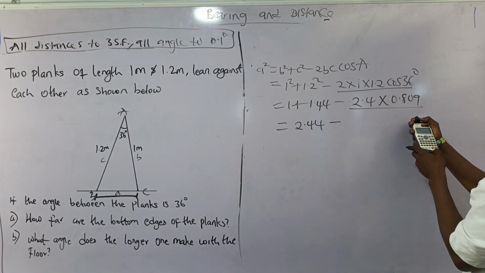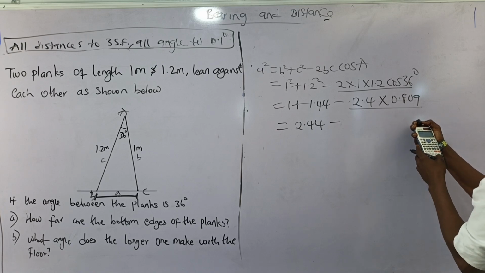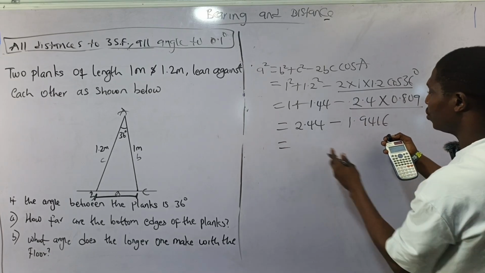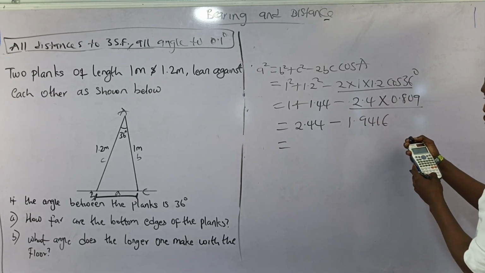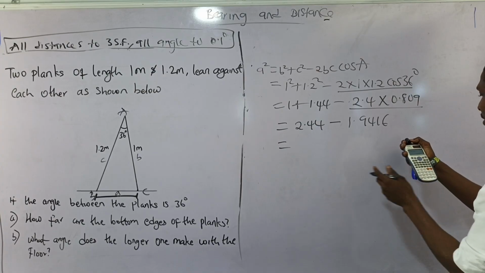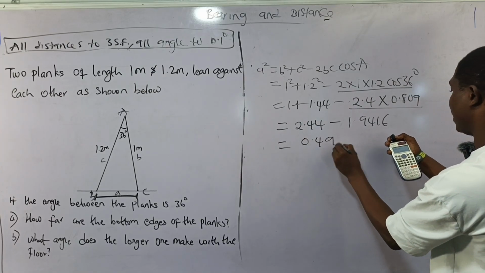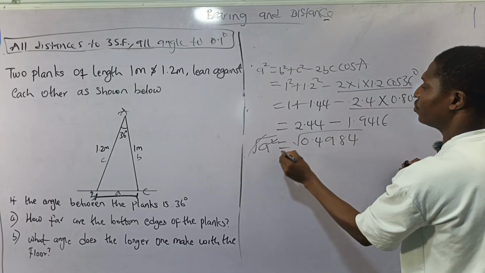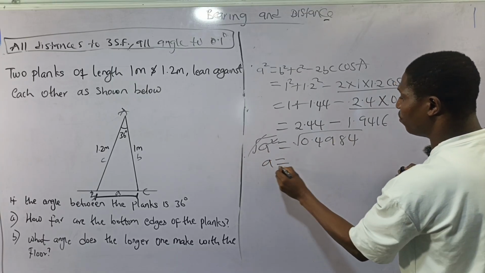Remember, all these are together, please. So we have this times 2.4, giving me 1.9416. So we have 2.44 minus my answer, which will give me 0.4984. So this a, to remove the square, I have to take the square root from both sides.